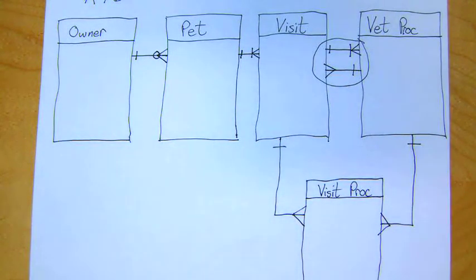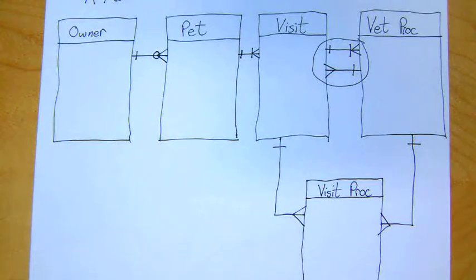So when you have a many-to-many relationship between visit and vet procedure, you have to create an associative entity that is an intermediate so the function of the database doesn't collapse.